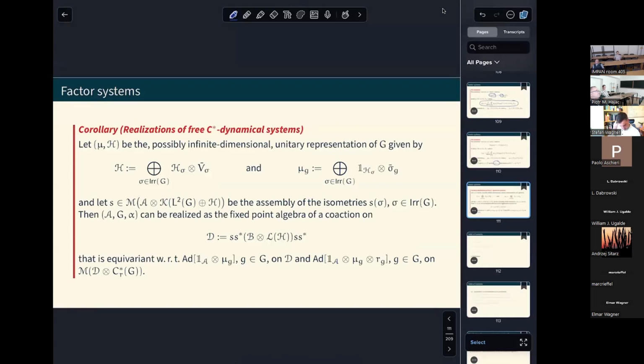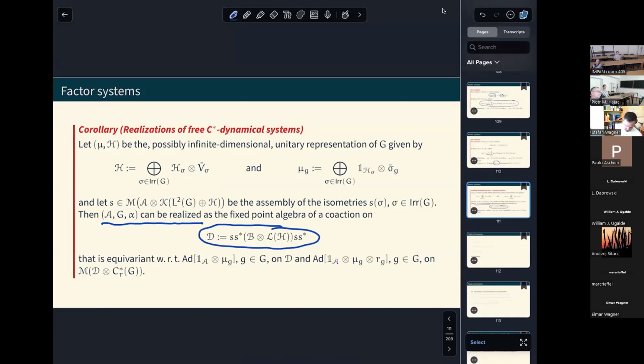Yeah, maybe I want to say something about this. A corollary of all of this is that, as I told you before, you can patch together the isometries in the Hilbert spaces. And what you can show then is that you can realize each free C-star dynamical system as the fixed point algebra of a coaction on the C-star algebra.